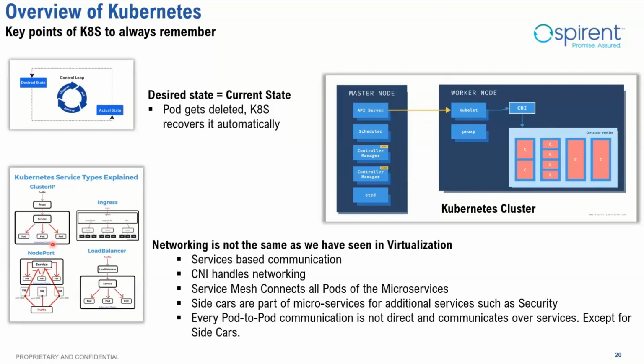When you deploy a VM, it's directly available over an IP address. I take SSH control of the VM, or I take web GUI access to that VM. It is not going to work that way in containers. When you deploy a container in Kubernetes language, we call it a pod. A pod can have multiple containers within it. Even a single container is a pod.